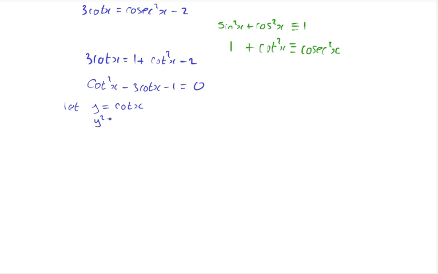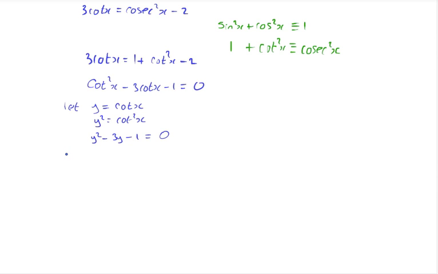Then y squared will equal cot squared x. So this equation will now look like y squared minus 3y minus 1 equals 0. We can't factorize this, so we can use the quadratic formula. Remember, a is 1, b is minus 3, and c is minus 1.